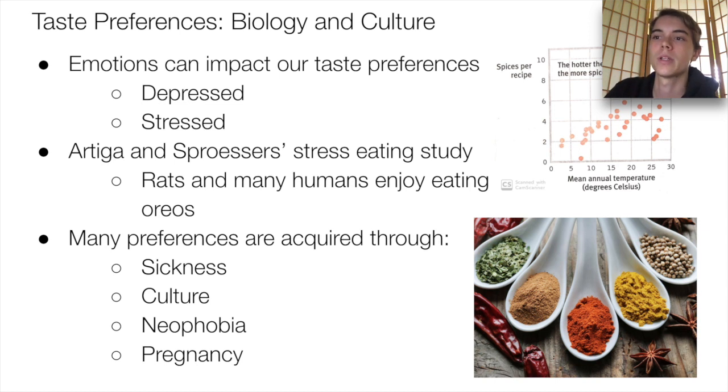There's also an experiment done on stress eating, which shows that rats and many humans enjoy eating Oreos. So if you're stressed, you might find an urge to eat Oreos. So that's a taste preference correlated with stress. And then there are also preferences that are acquired through sickness. So if you get sick because of a food, it'll create a disliking for that certain food and you won't want to eat it anymore.